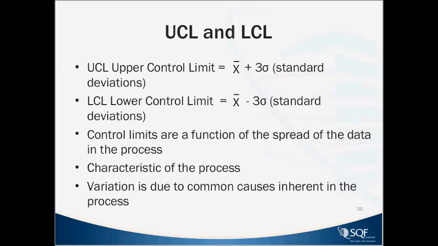So almost 100% of whatever population or group of data you would have collected would be within those control limits. Any changes happening between them are what we call common cause elements that are due to the process, and we would expect to see that change between those 2.